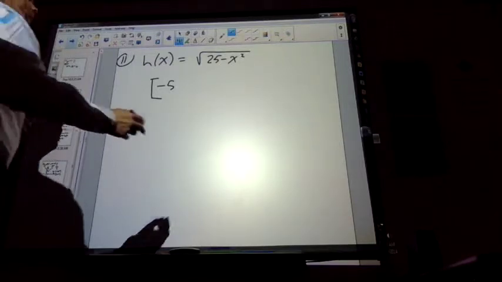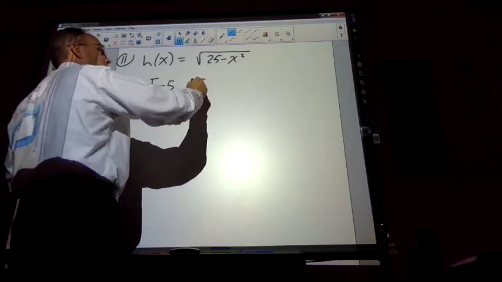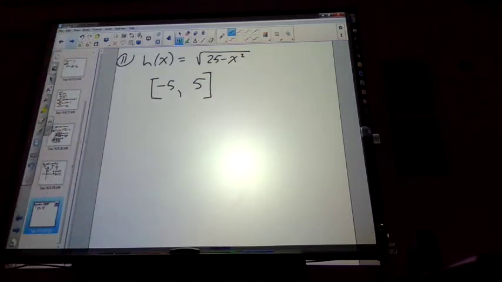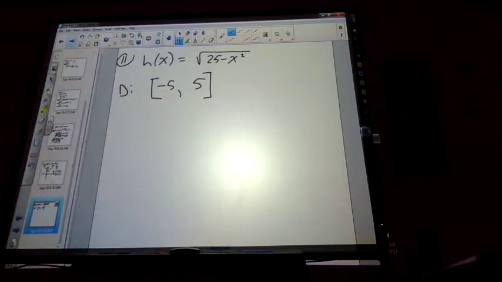Does that work? I can plug all of the numbers I want in up to positive 5. If I plug positive 5 in, I get 5 squared, which is 25. 25 minus 25 is 0. Square root of 0 is 0. So square brackets, my domain goes from negative 5 to positive 5, and all the numbers in between will also work to give us a real answer, not an imaginary answer.